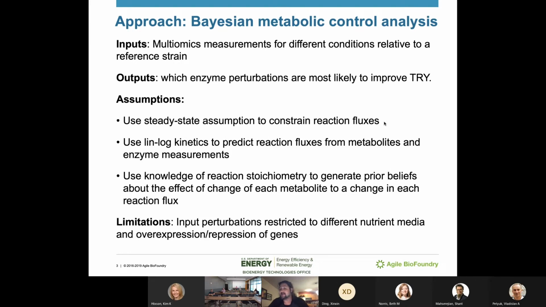And that elasticity tells you how sensitive it is. If it's negative, it means that as you increase the metabolite, the flux goes down. If it's positive, it means that as the metabolite goes up, the reaction goes up.